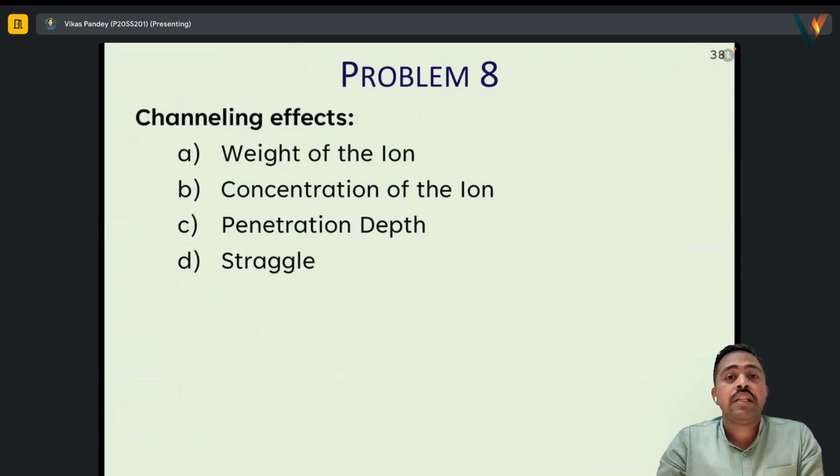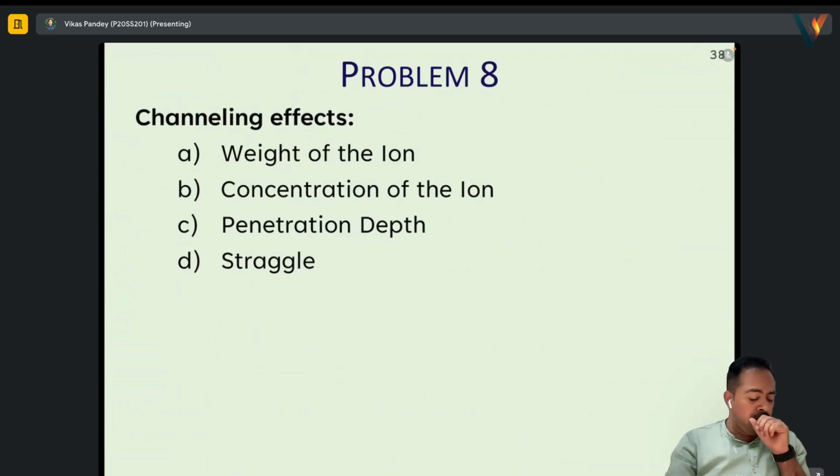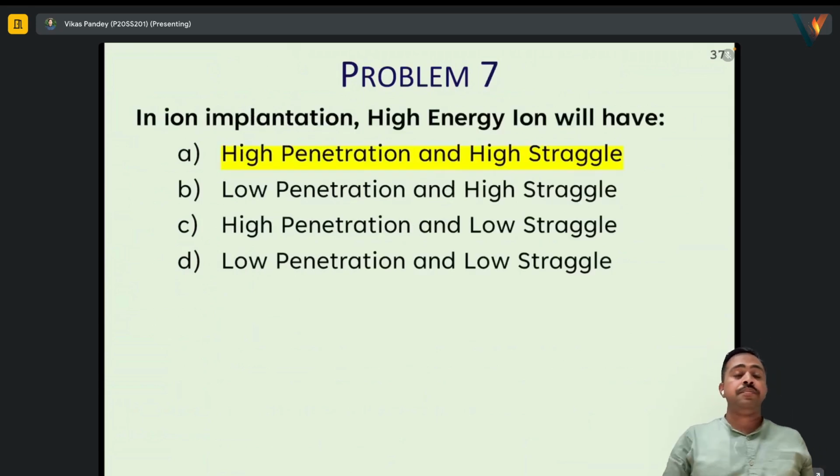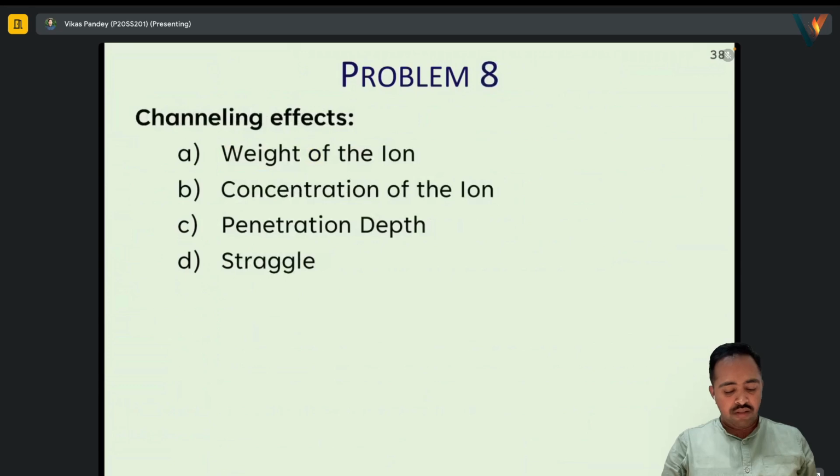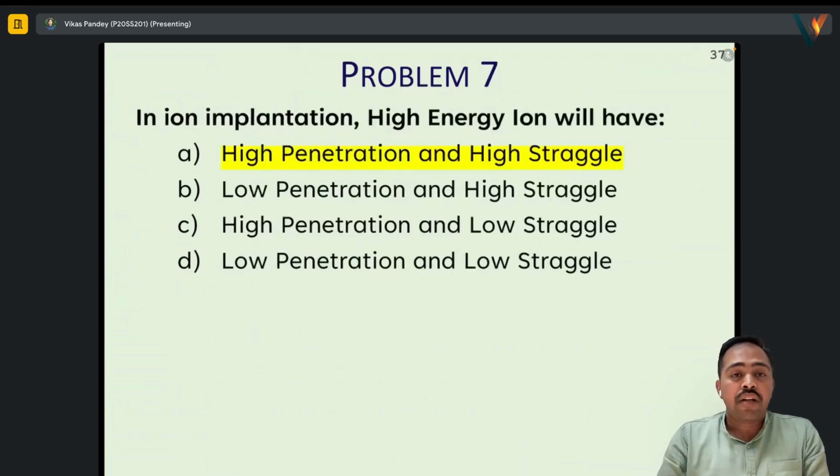Next is, in the context of ion implantation, the channeling effect.